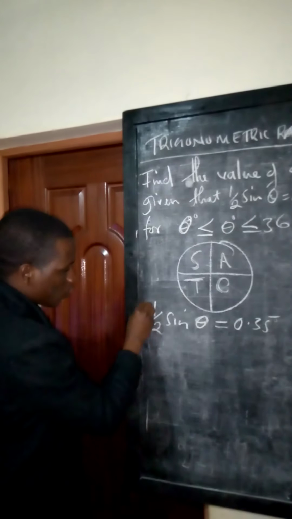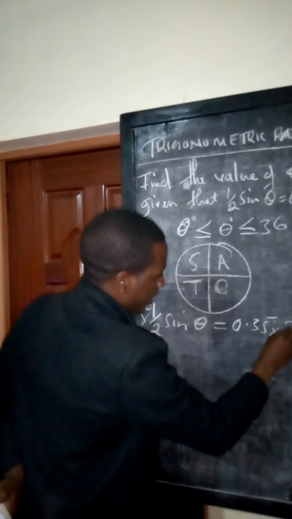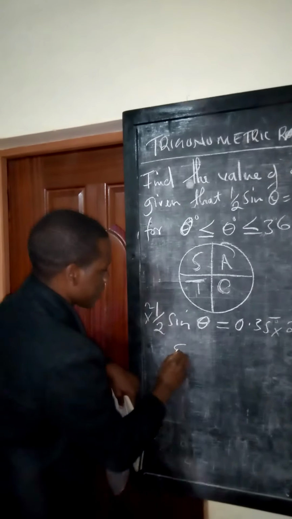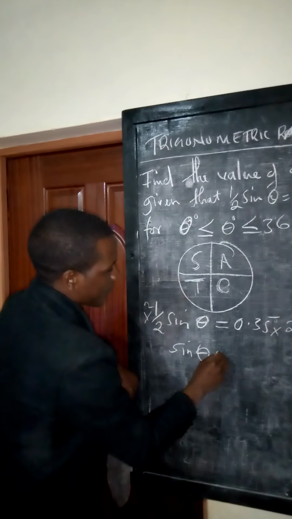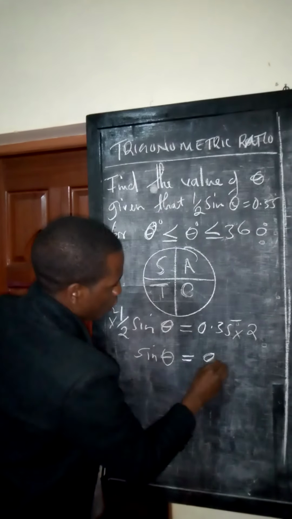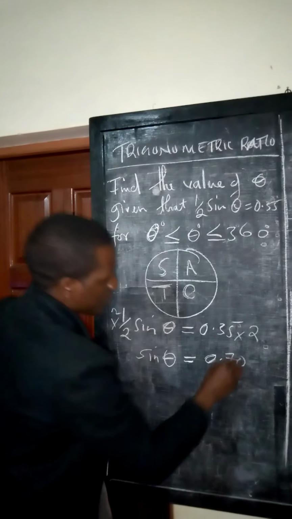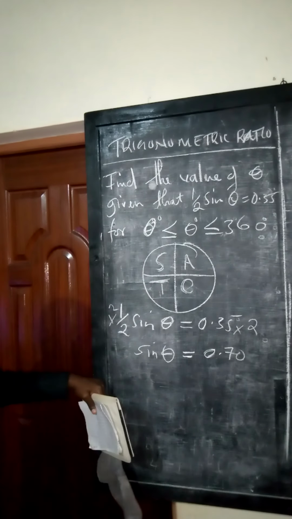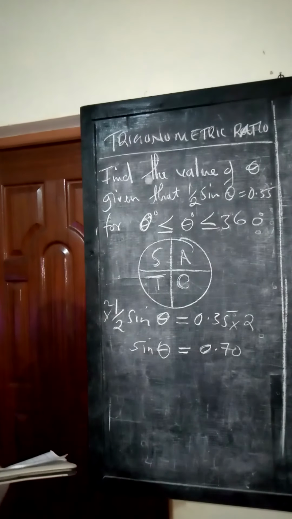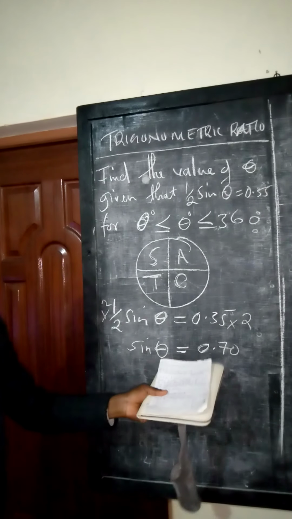We multiply here by 2, and we multiply the other side by 2. This one will give us sin theta is equals to 0.70, or simply 0.7.